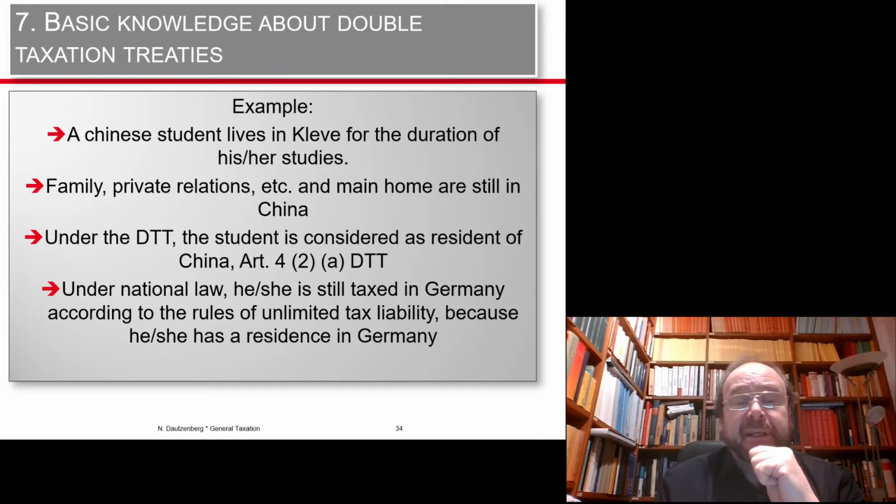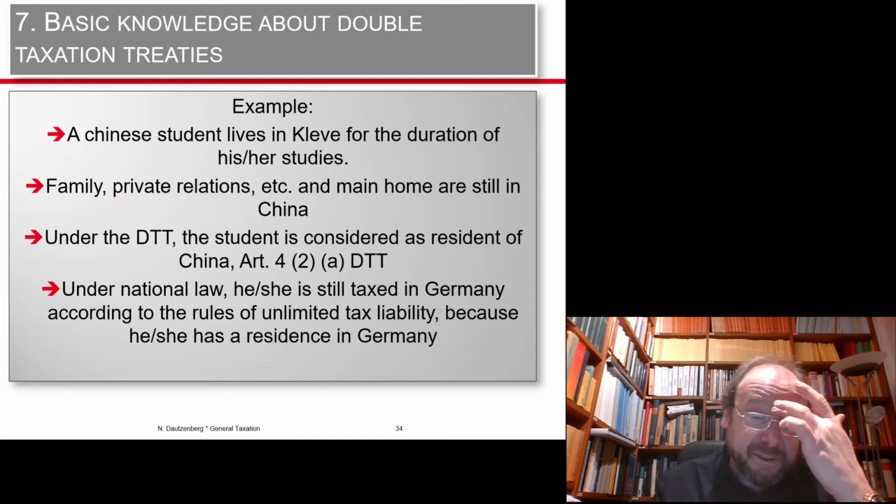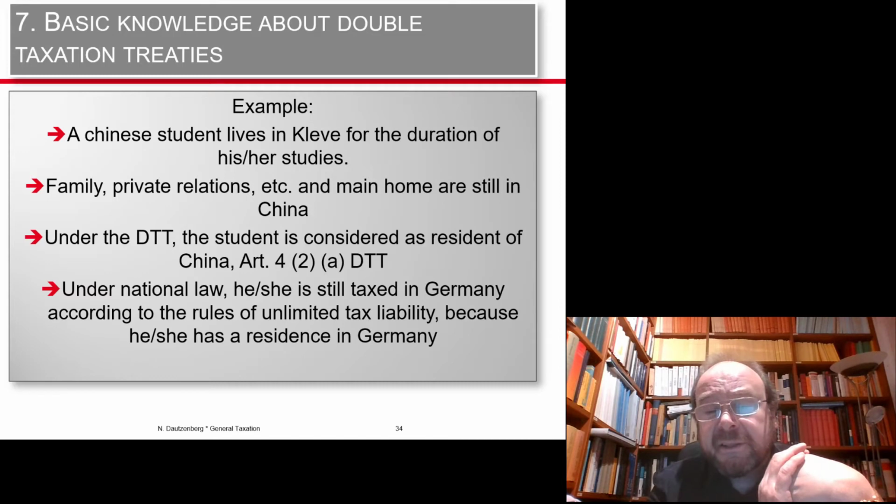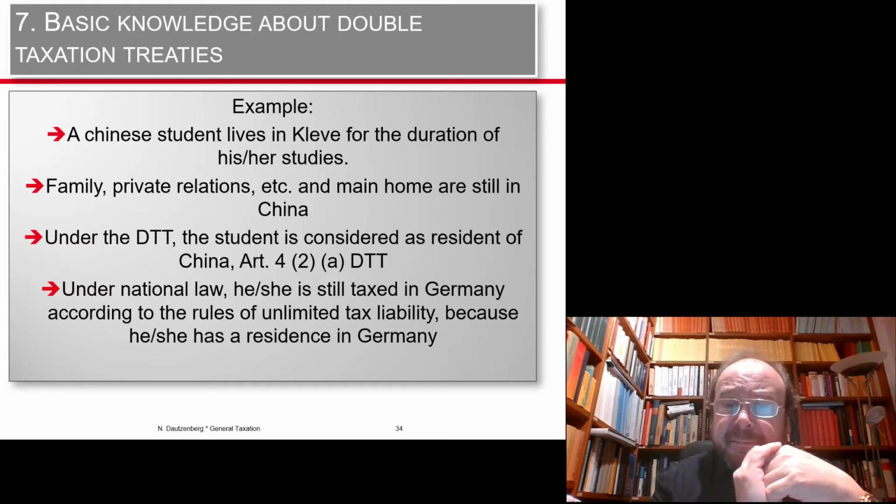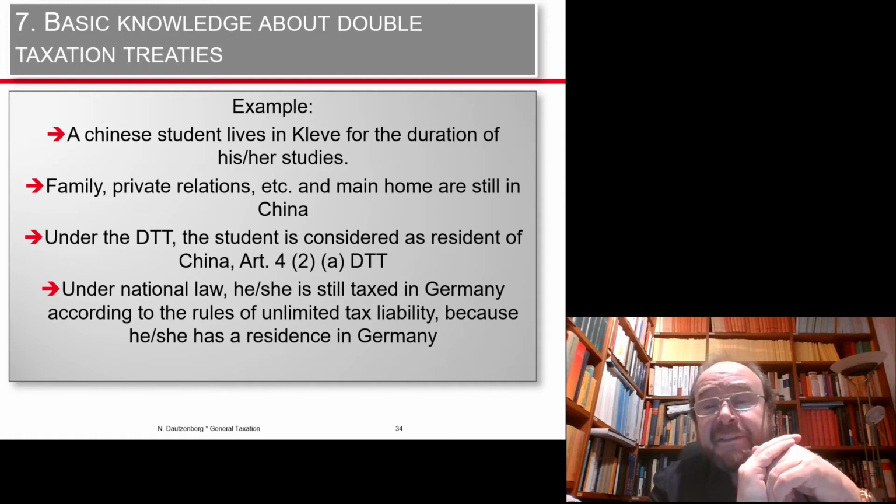Imagine a Chinese student lives in Kleve for the duration of his or her studies. Family, private relations, and so on, main home are still in China. And so under the Double Taxation Treaty, in Article 4, I believe, paragraph 2, letter A, it's decided that under such circumstances, a taxpayer is regarded as resident in China.